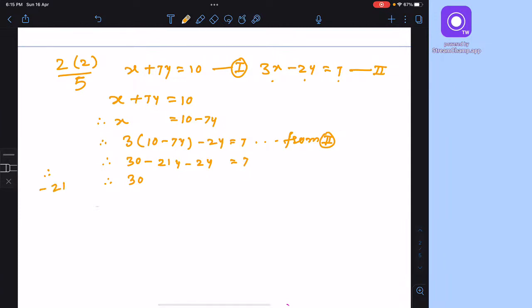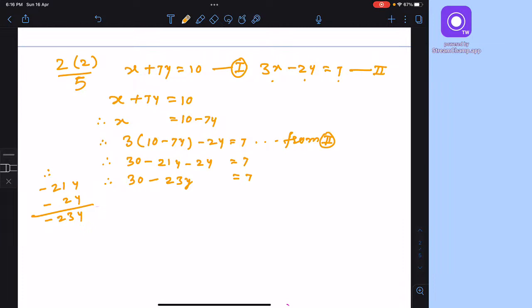When both of them have the same sign, you have to add them. 21 and 2 is 23y and give the same sign. So this will become 30 minus 23y is equal to 7.